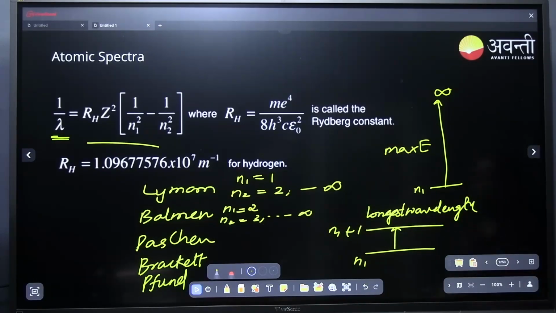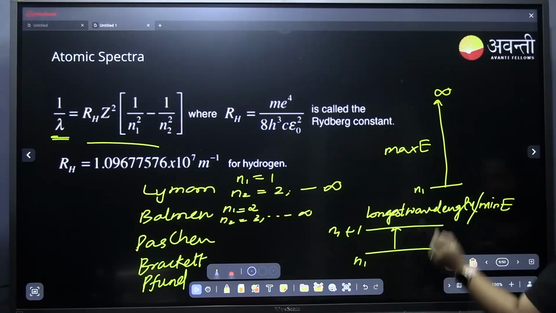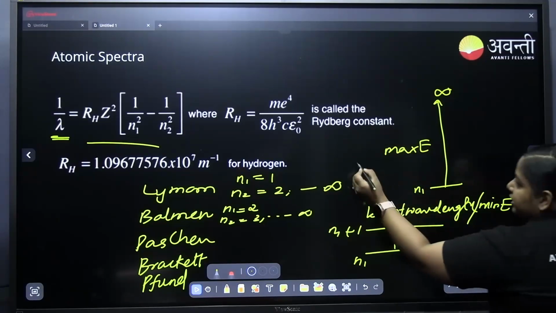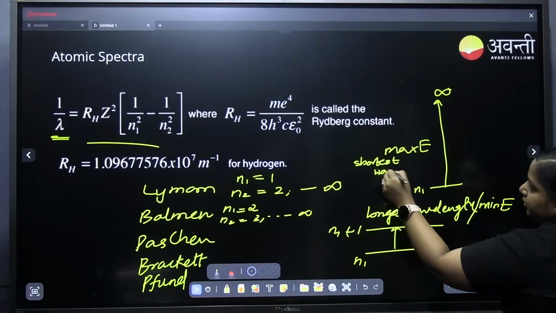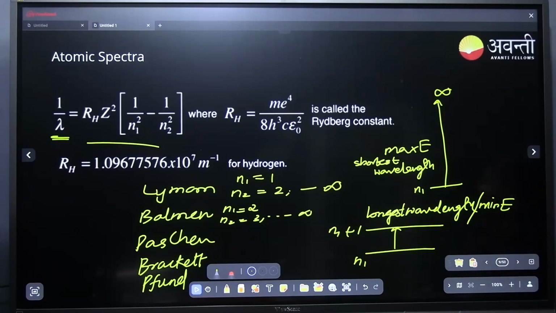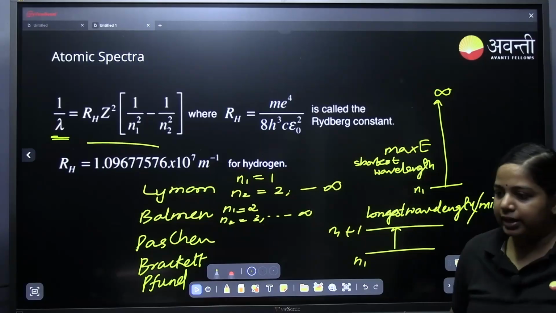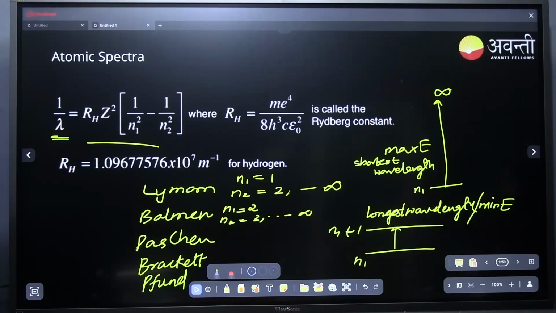If they say lowest energy or minimum energy, it will be from n1 to n1 plus 1. If they are saying maximum energy or shortest wavelength, it is from n1 to infinity. Okay, do you have any doubt in that? I hope you understood this.